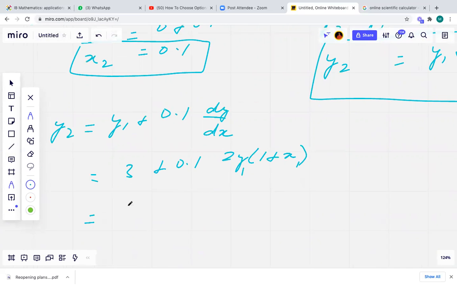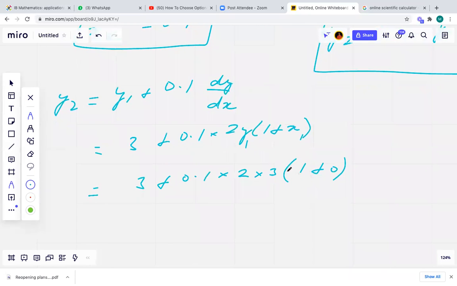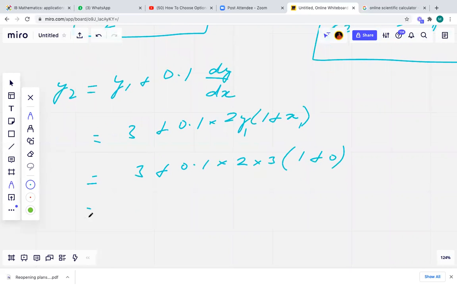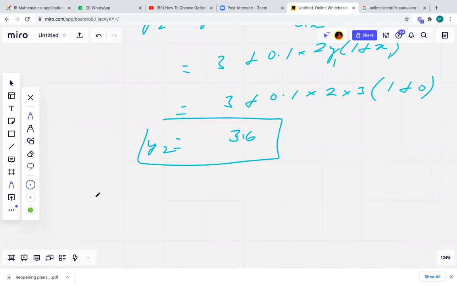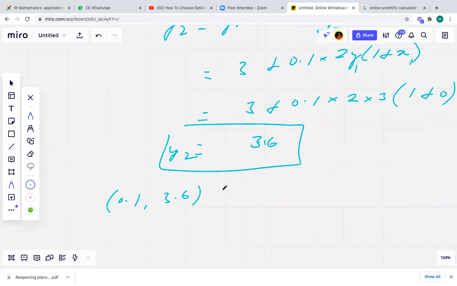So 3 plus 0.1 into 2 into 3 into 1 plus 0, which is 3 plus 0.6, so 3.6. So my y2 is 3.6. My second point is x2 equal to 0.1, y2 equal to 3.6.